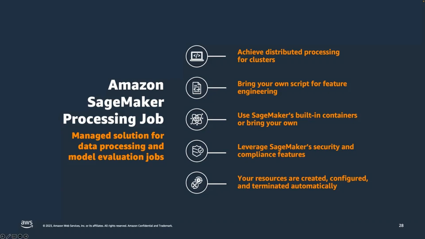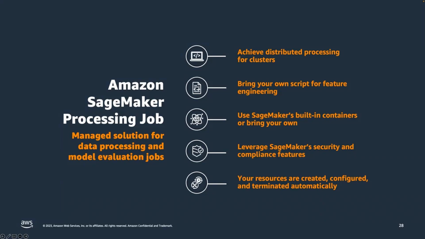If you have a large amount of data, SageMaker processing jobs can run in a distributed processing mode so that you can specify an elastic number of computes to process your data quickly. This, by the way, is not the EMR Elastic MapReduce feature that I was mentioning before.